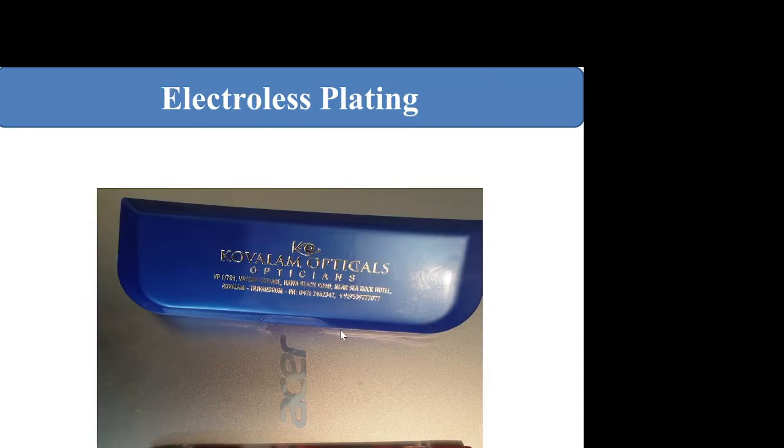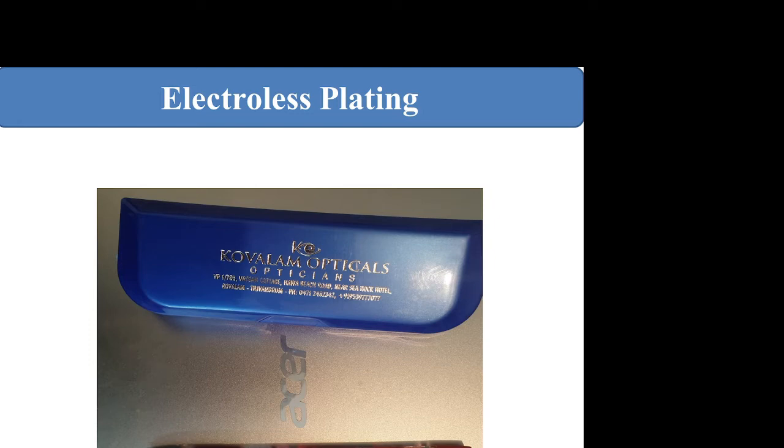Let us discuss some samples which are made by electroless plating. For example, this printing is actually made on plastic with electroless nickel plating. This is a laptop computer, and this surface is electroless plated, sorry, with nickel.